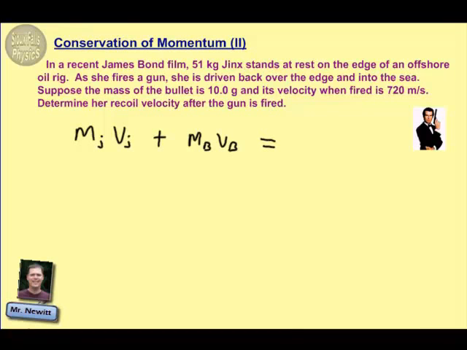That is going to have to equal the mass of Jinx afterwards, multiplied by her velocity, plus the mass of the bullet afterwards times its velocity.